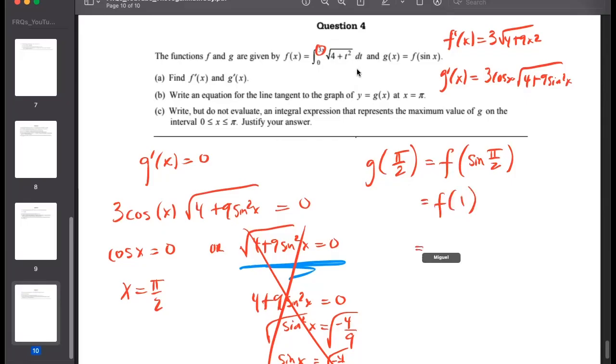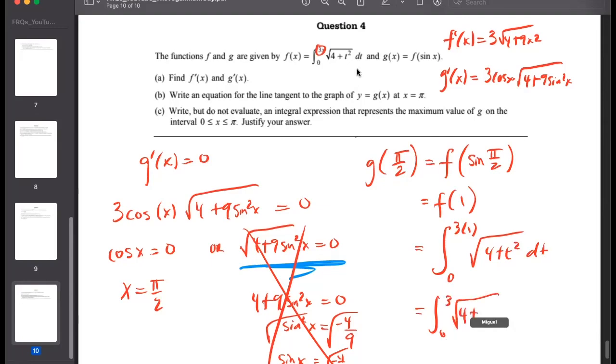So really what I'm looking for is the integral from 0 to 3 times 1 of 4 plus t squared dt. And luckily for us, they don't even want us to integrate this. They just want us to set it up. This right here is going to be the maximum value at x is equal to pi over 2.